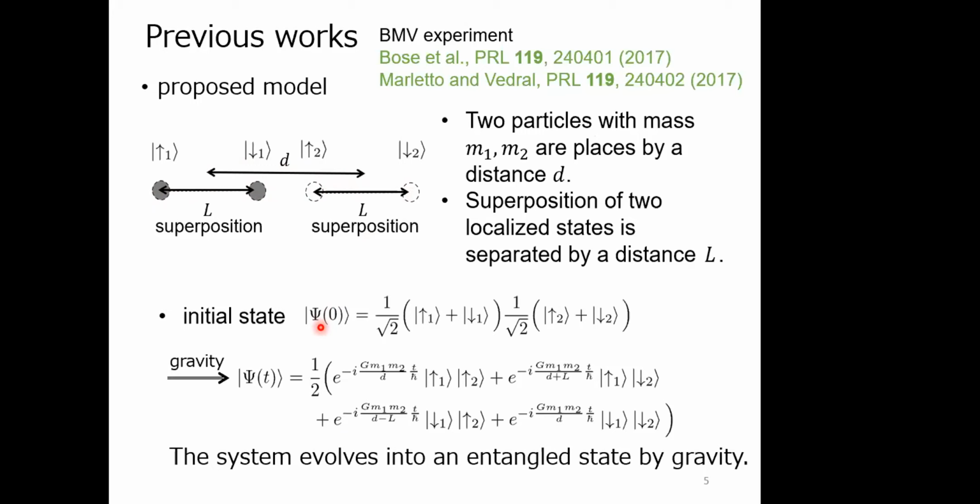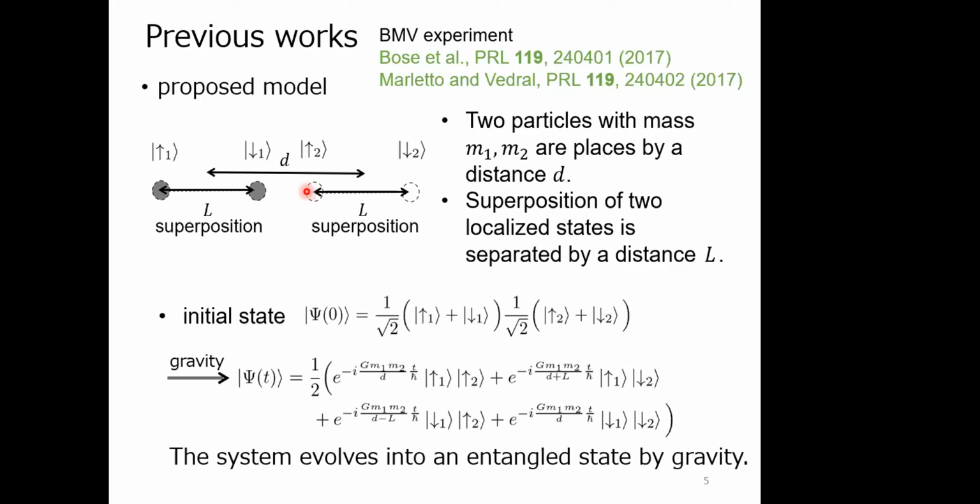For example, when particle 1 is in the left side state, like this, and particle 2 is also in the left side state, the distance between these two particles is d, so the gravitational interaction is given by G m1 m2 over d, which gives unitary evolution. Similarly, the other cases are derived depending on the configuration of the position of the state.